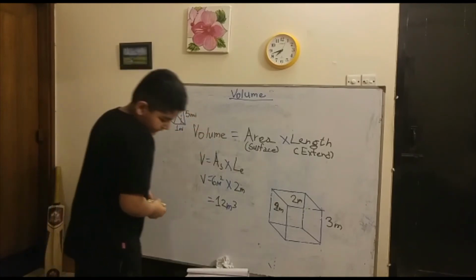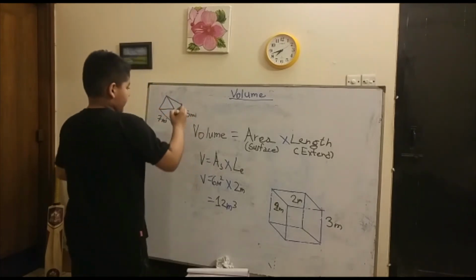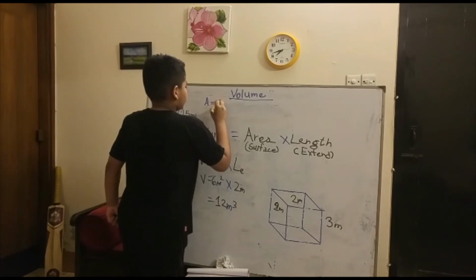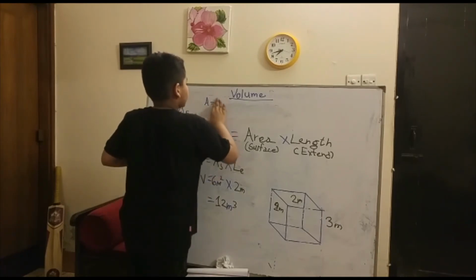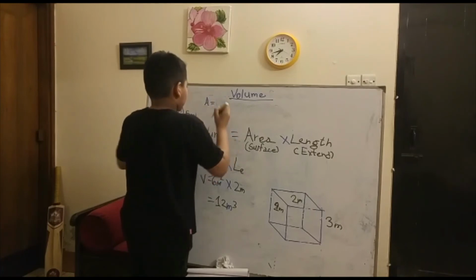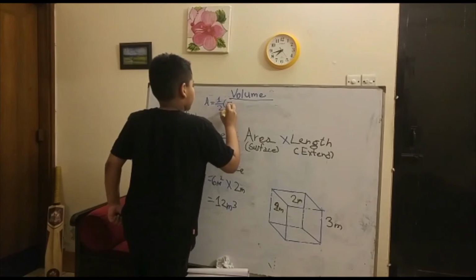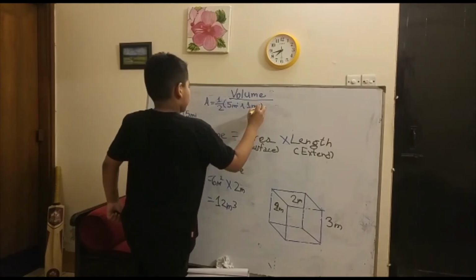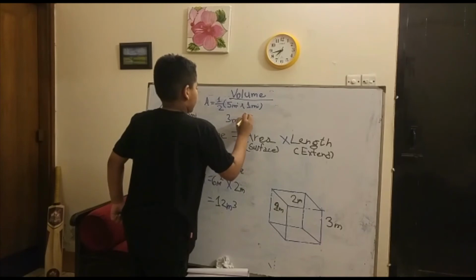So the area would be equal to 1/2. I forgot to write a half, so let's write that. 1/2 of 5 miles times 1 mile, and we get an area of 2.5 miles squared.